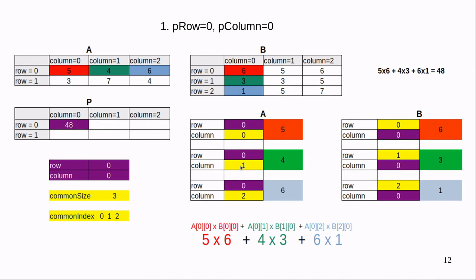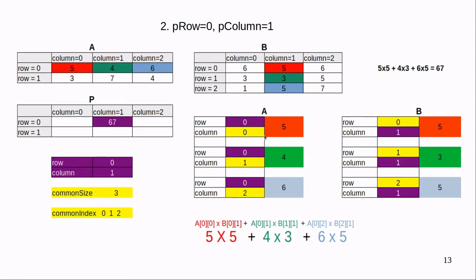The numbers you can see here are 0, 1, 2. Here the ones in yellow are 0, 1, 2. Even in matrix B, the ones in yellow are 0, 1, 2. That is the case for all the 6 steps. This is step 1. If we go to the next step, for finding the next value, here again we have 0, 1, 2, 0, 1, 2.